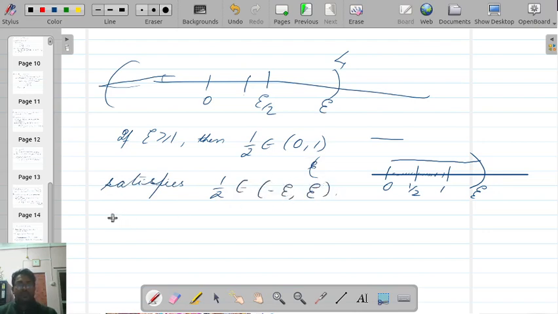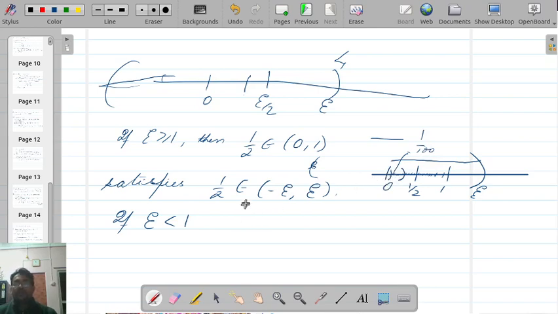Okay, and if epsilon is less than 1, in that case I cannot take half, because it may happen that somebody has taken epsilon smaller than half. So what should I take? I cannot take something like 1 by 100 either, because it may happen that the person has taken something which is less than that.